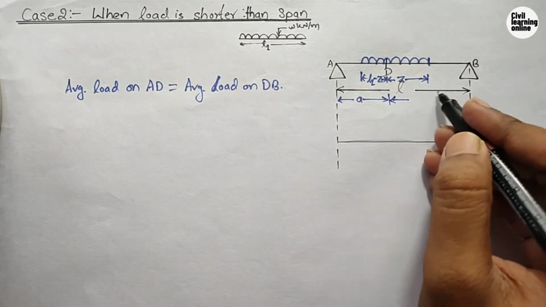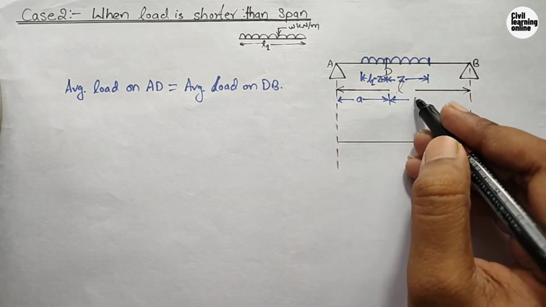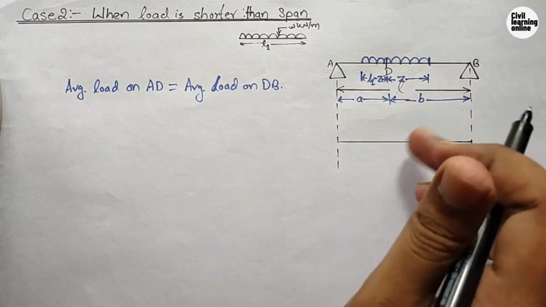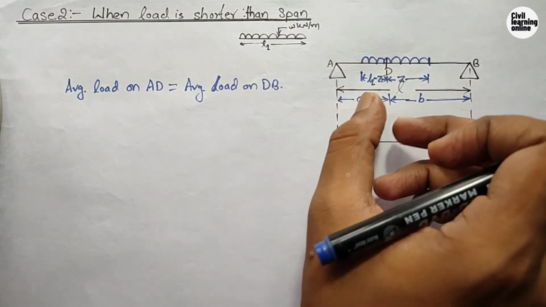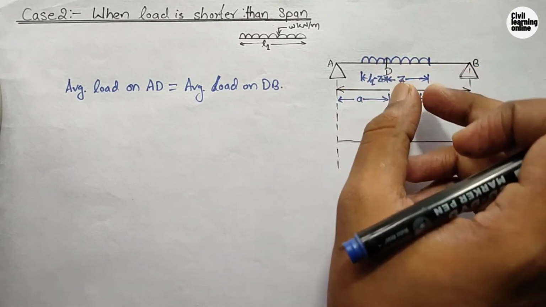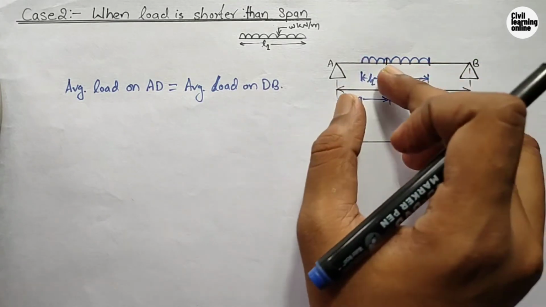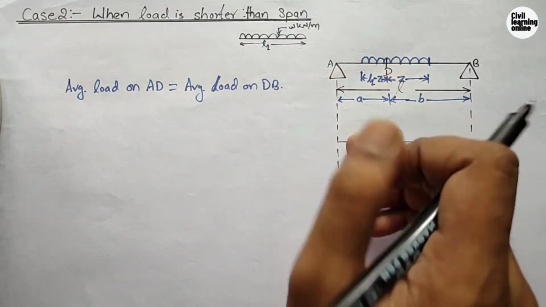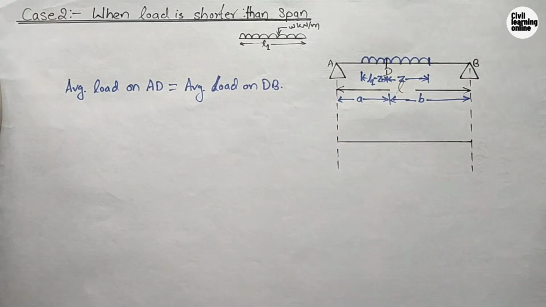Similarly, this span is going to be whole span L minus A, and let us represent this by B. Span of AD is A, span of DB is B, and the length of the load ahead of the point D is Z, and the portion of the load on AD is L1 minus Z.